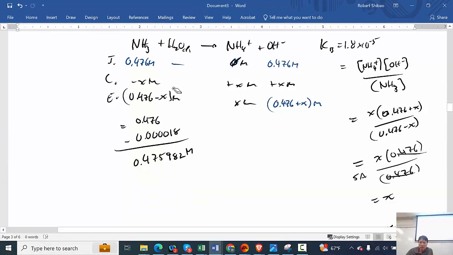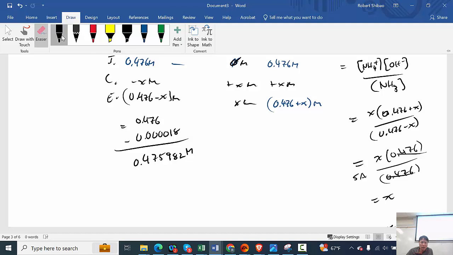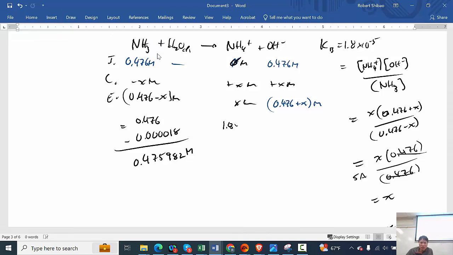All right, then the ammonium concentration is just going to be Kb, which is 1.8 times 10 to the minus 5 molar. And then this one's going to be plus, so it's going to be 0.476, and then I need 4 zeros, and then a 1 8. So 0.476018 molar. This is way more sig figs than I'm allowed, but I'm just going to carry all of them just to see what the calculated K value comes out to.